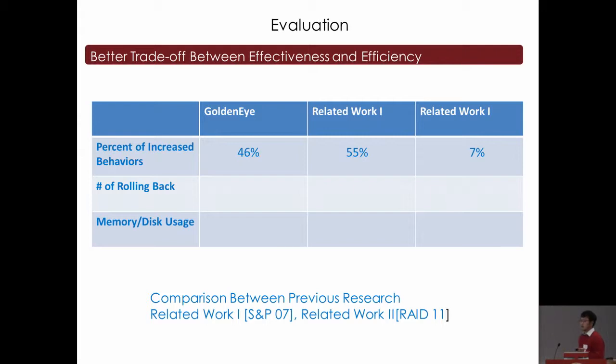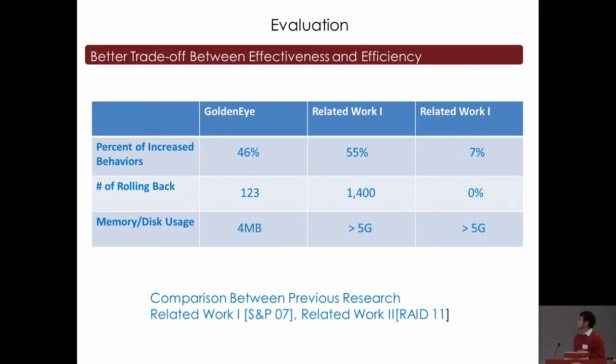And the second related work can only expose about 7%. Also, our rollbacks only occur 123 times. In the first related work, because you need to explore everything, it's over 1,400 rollbacks. In the second related work, because they statically configure the environments in advance, they don't need to roll back.